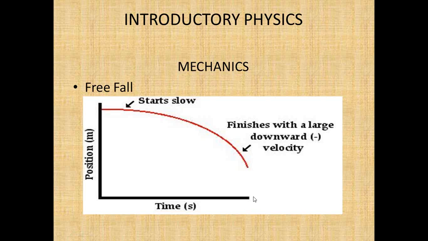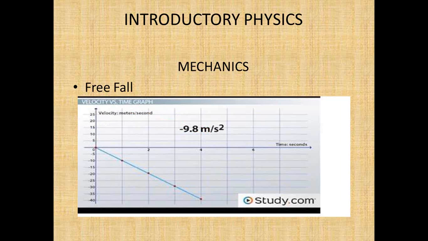So that is the position time graph for free fall, as opposed to your velocity time graph. So this is your velocity time graph for free fall.